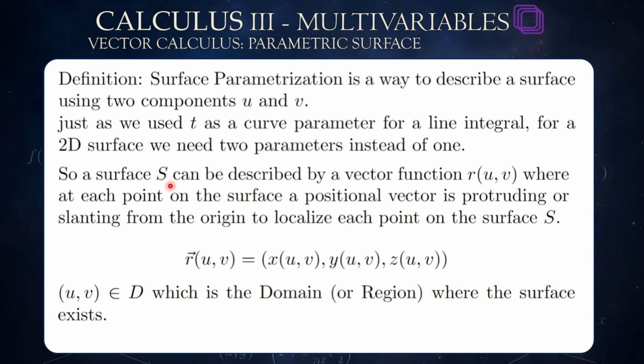So a surface S can be described by a vector function R(u,v), where at each point on the surface a positional vector is protruding or slanting from the origin to localize each point on the surface S in respect of two parameters u and v. So R(u,v) is equal to (x(u,v), y(u,v), z(u,v)). X, y, and z need to be translated to u and v components. (u,v) belongs to D, which is the domain or region where the surface exists.